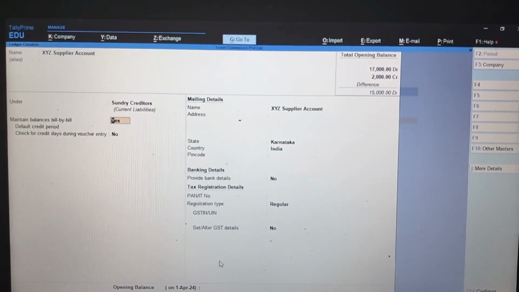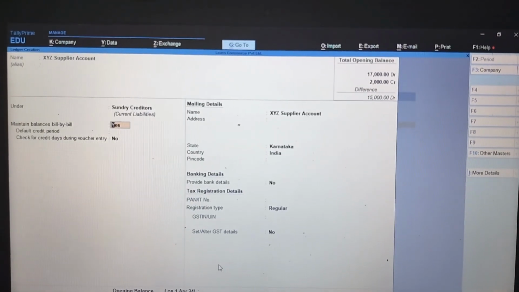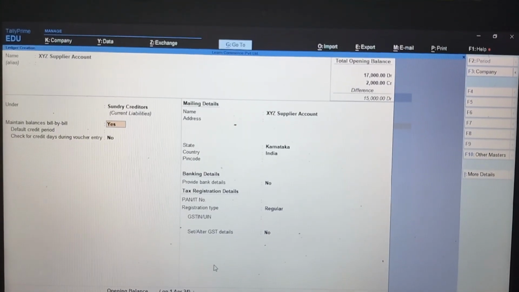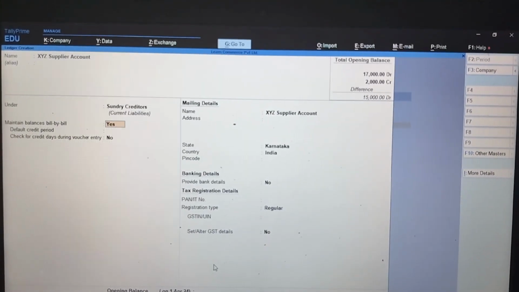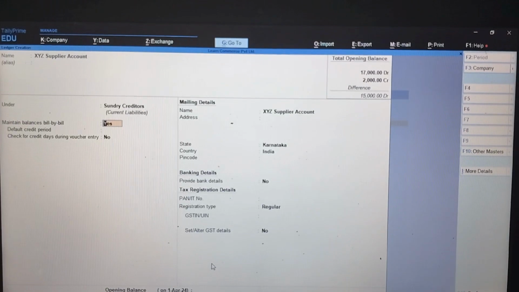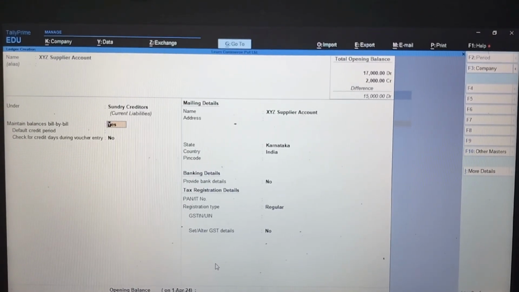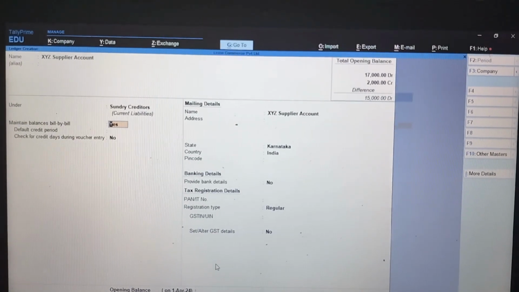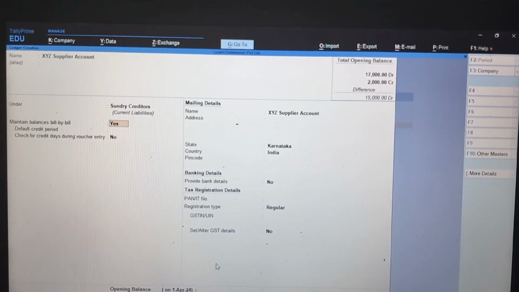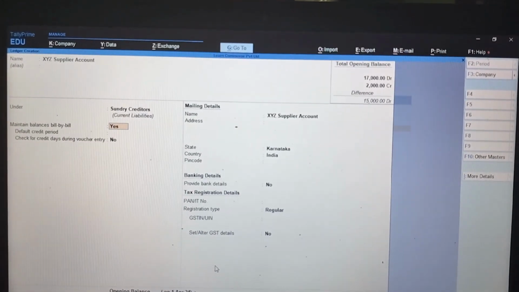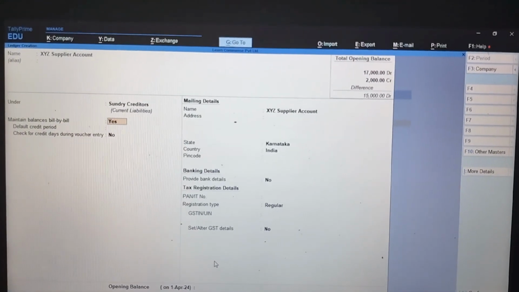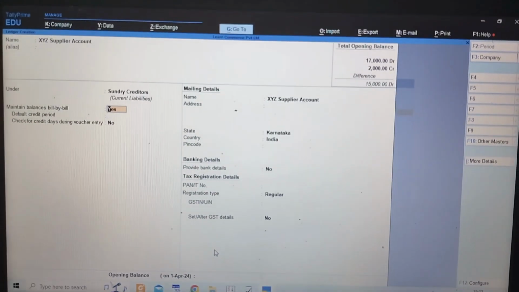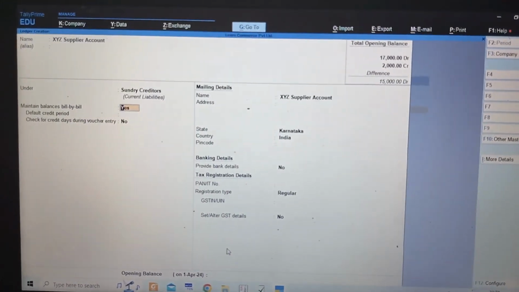Creditors, if you are not from commerce background, are the people from whom we purchase goods or receive services on credit, and we have to pay them later. So this is a type of liability for us.